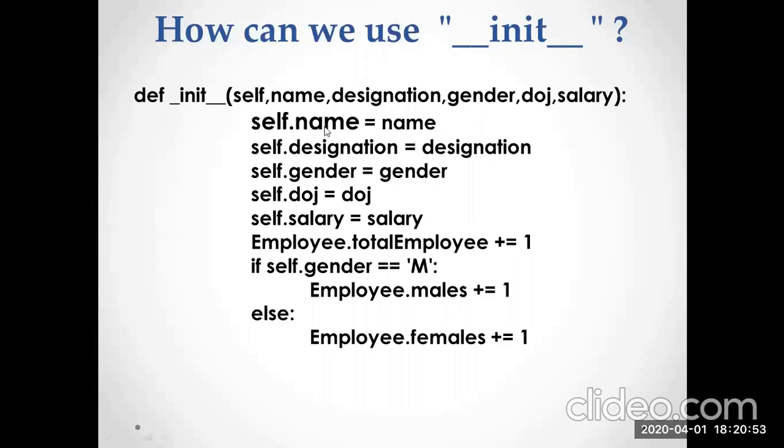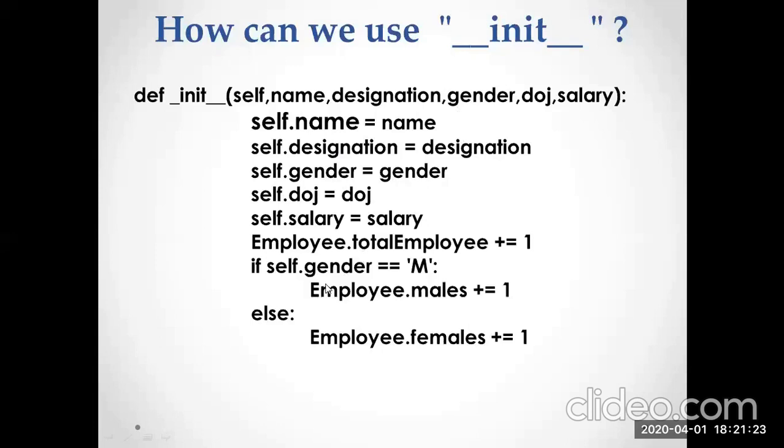So these are now object variables. We are going to assign designation to the object variable. We are going to assign gender to the object's gender variable. We are going to assign DOJ, that is date of joining, to the object's date of joining variable. So now self.name, self.designation, self.gender, self.DOJ, self.salary, all these are called object variables in Python.